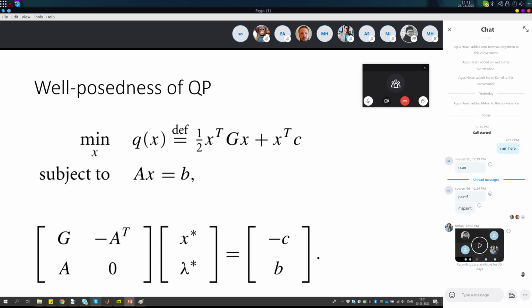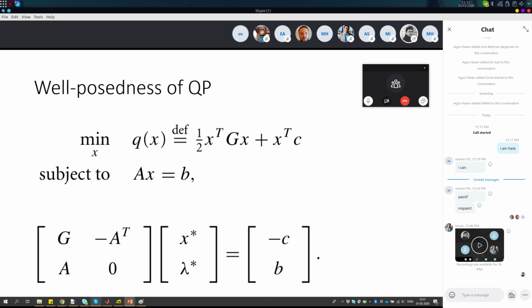this well-posedness problem. Well-posedness means that you want to know if a problem has a solution, and if that solution is the only solution. So existence and uniqueness.